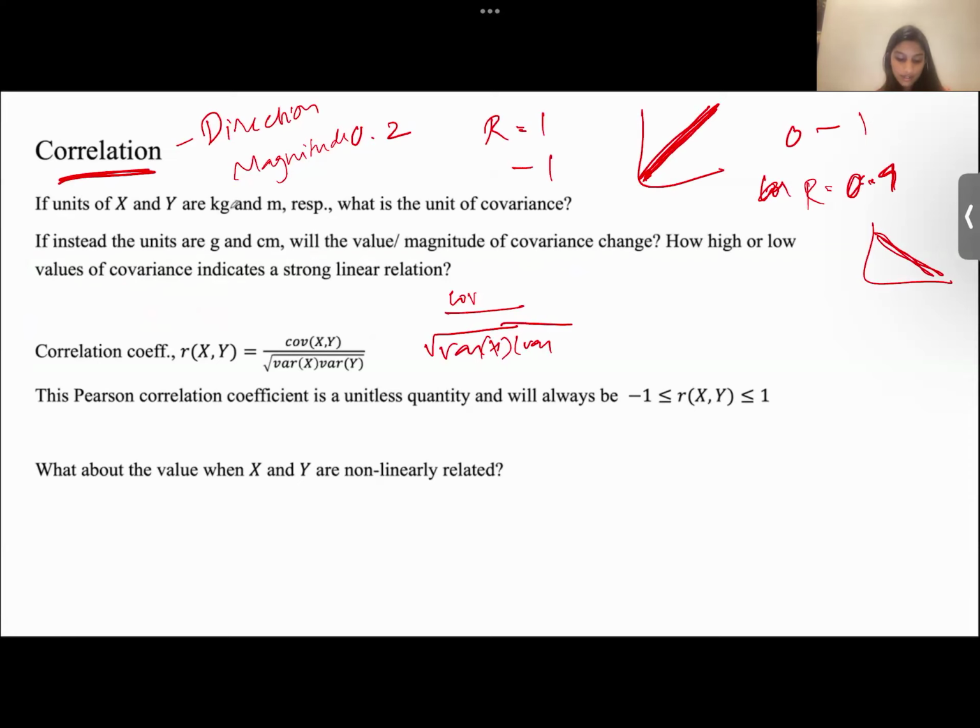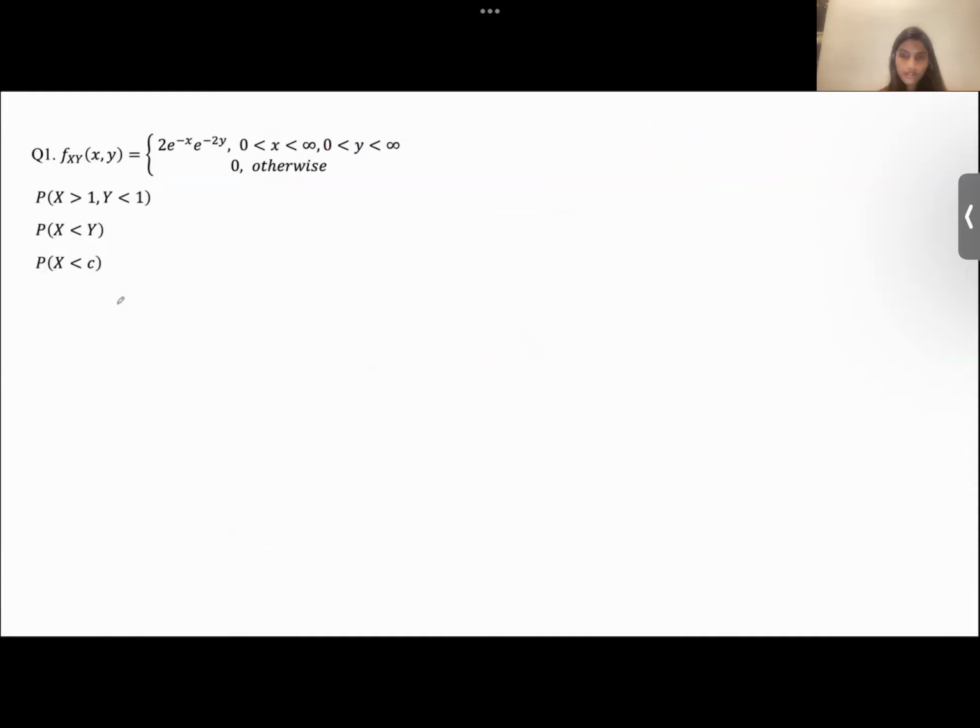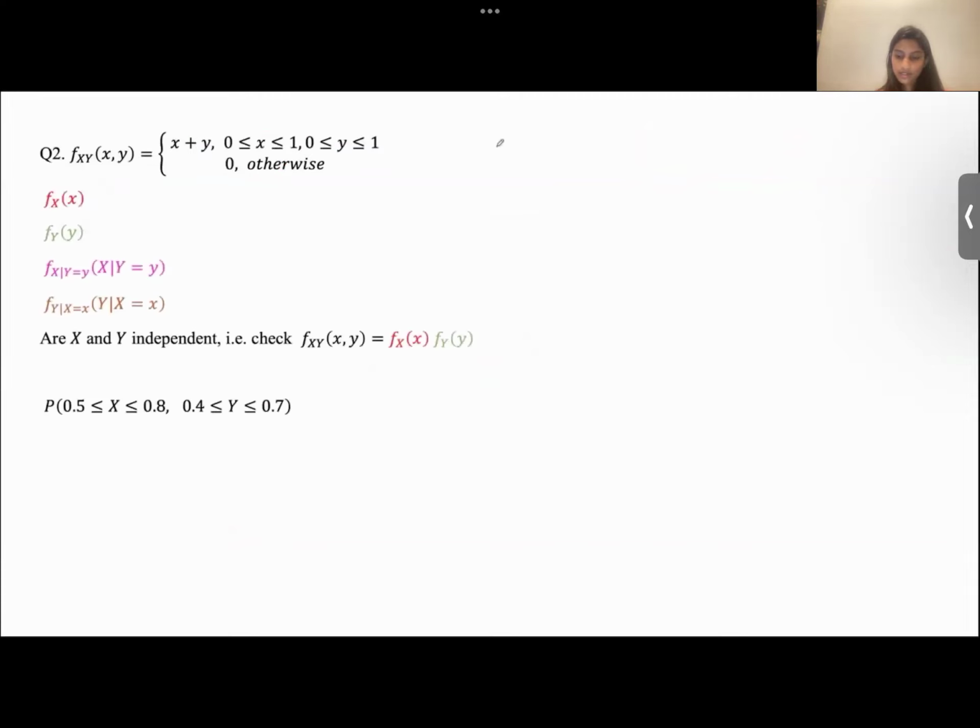In R, you calculate it like this, cor(x, y). By default, it calculates Pearson's correlation coefficient, which tells us how good the linear relationship is. So we can go through these practice questions as well.